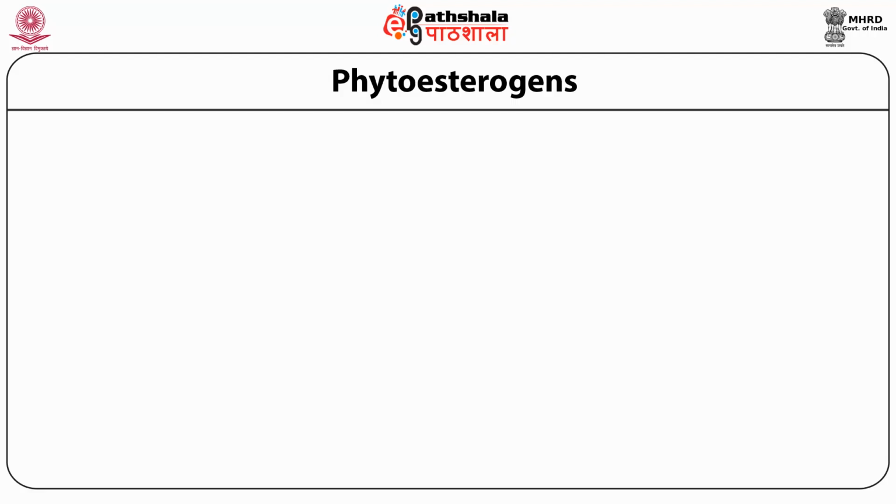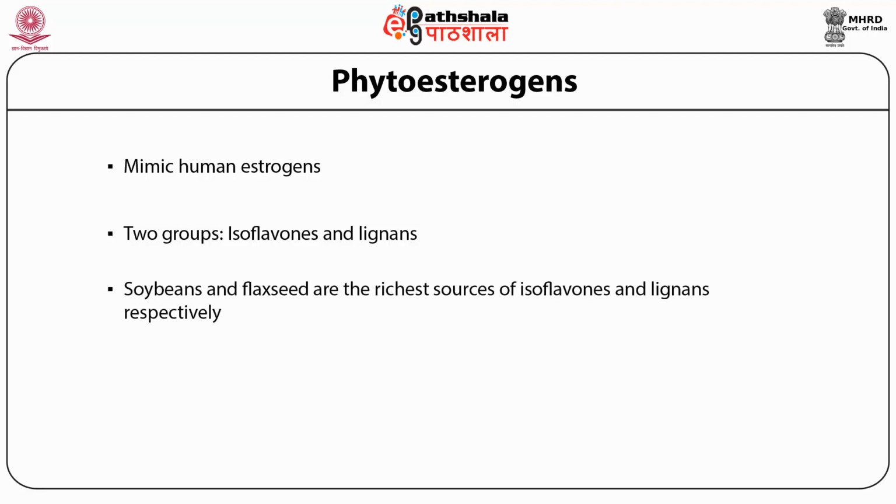Phytoestrogens. They mimic human estrogen and therefore are considered natural selective estrogen receptor modulators. Two important groups of phytoestrogens are isoflavones and lignans. The main consumable plant sources of these phytoestrogens are found mainly in soya beans and flaxseed respectively.